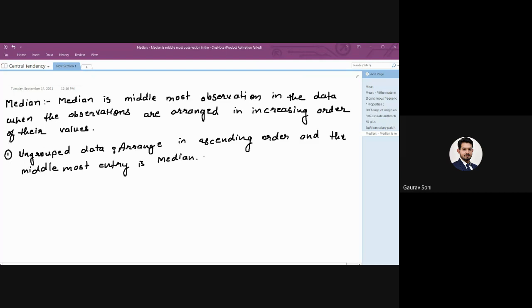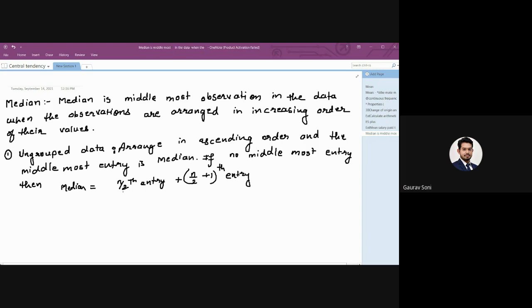So if there is no middlemost entry, then median is equal to the n by 2th entry plus the n by 2 plus 1th entry, divided by 2.